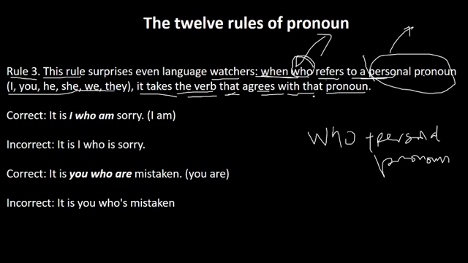And to know the verb that agrees with a pronoun, you must note the number form of that pronoun. You know that number is a feature of pronoun. It is I, who. Oh, I'm sorry.